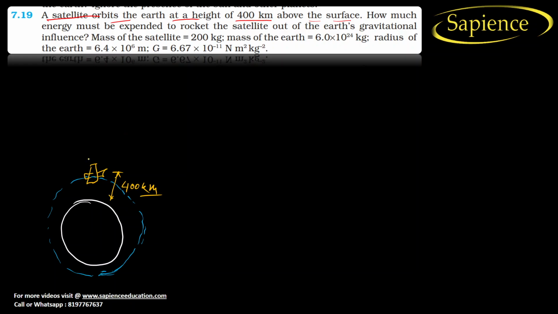If you want it out of the Earth's gravitational influence, we have to make its potential energy zero. If the potential energy is minus 10 joules, we have to put in 10 joules of extra energy to make it zero. That is the energy we want to find. How will you find this type of energy? Let us go step by step.